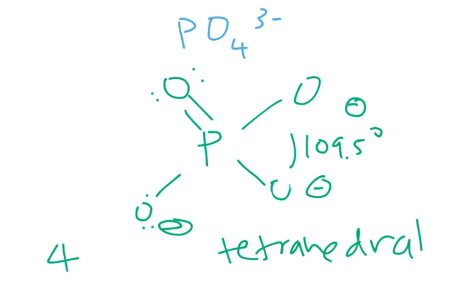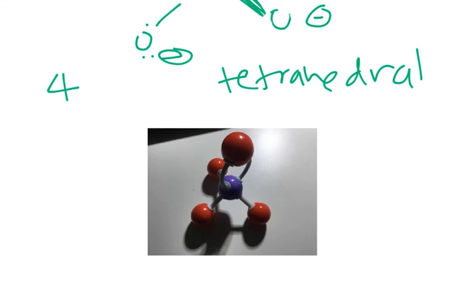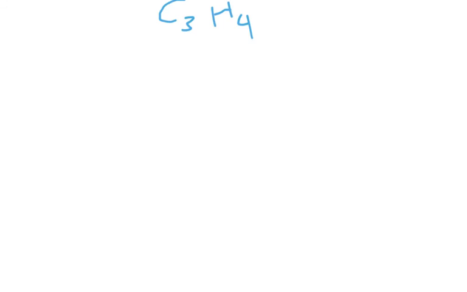Now, let's draw the 3D structures using the bonds. So I think that I'm going to make this my solid wedge and this my dashed wedge. So this is how you draw phosphate, and let's take a look at the actual structure. It looks like that. It looks pretty tetrahedral to me, so let's move on.